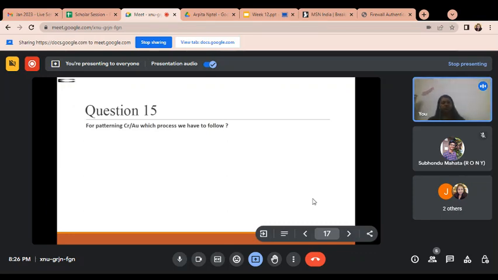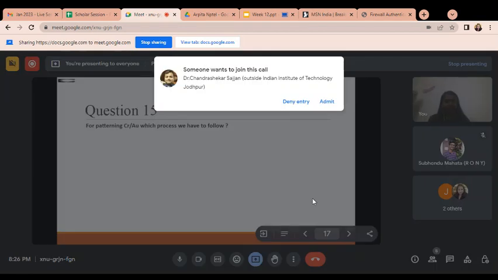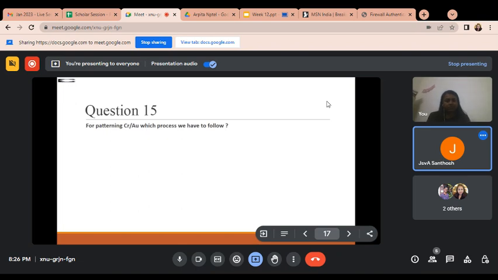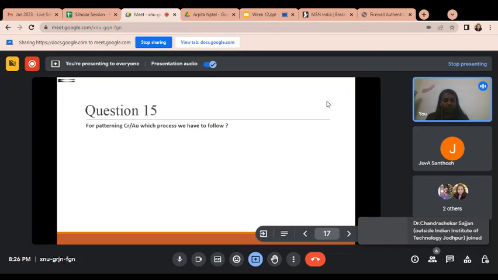I am talking about the photolithography stage. Etching process. Before etching we have to transfer the pattern from the mask to the photoresist layer. So how will we transfer that pattern?